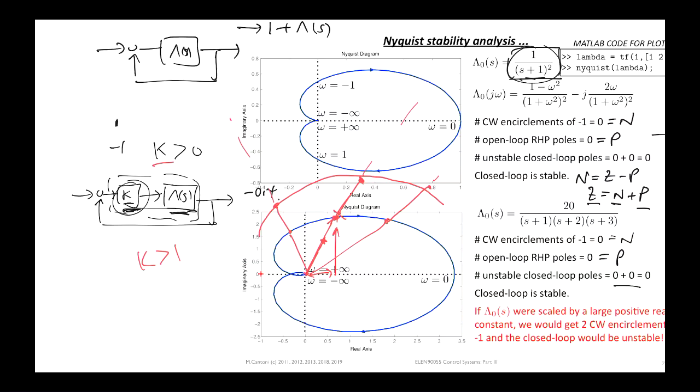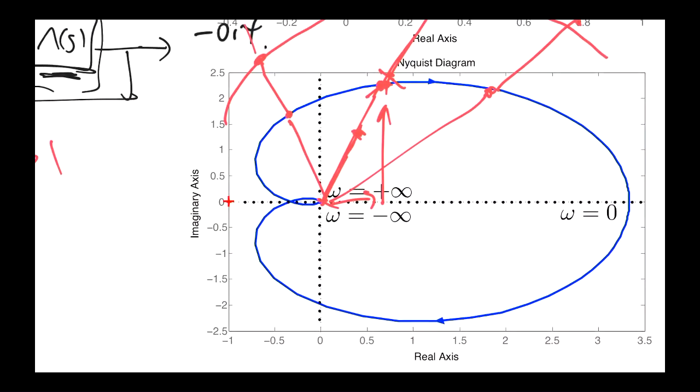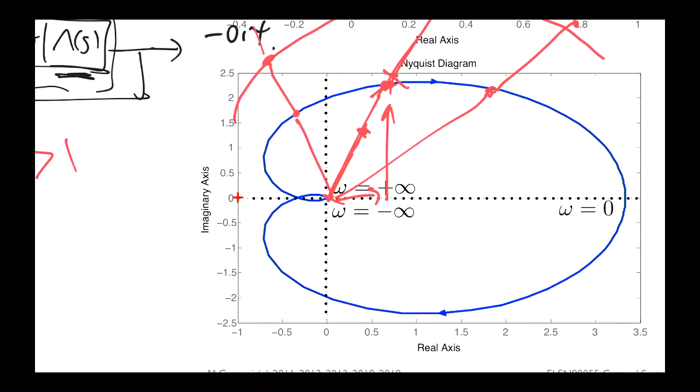So we can see that if we were to scale this nominal open loop transfer function by a number bigger than 1 that takes this point to the other side of the critical point, it would be like saying the critical point is inside here, all right? And we would get 2 encirclements in the clockwise direction.